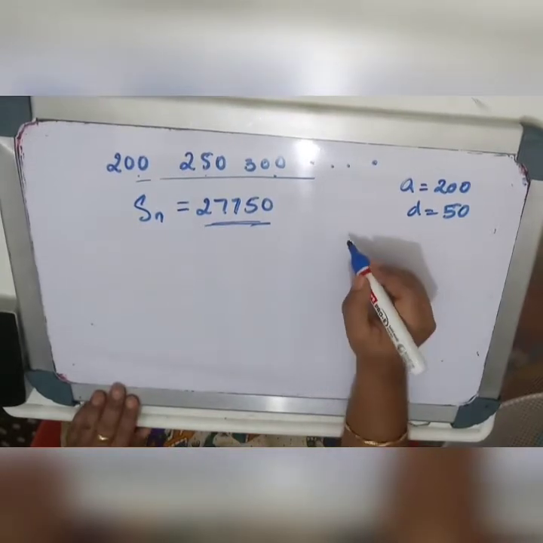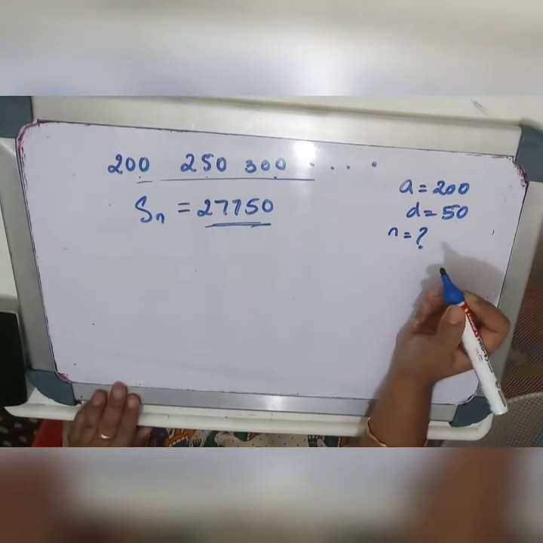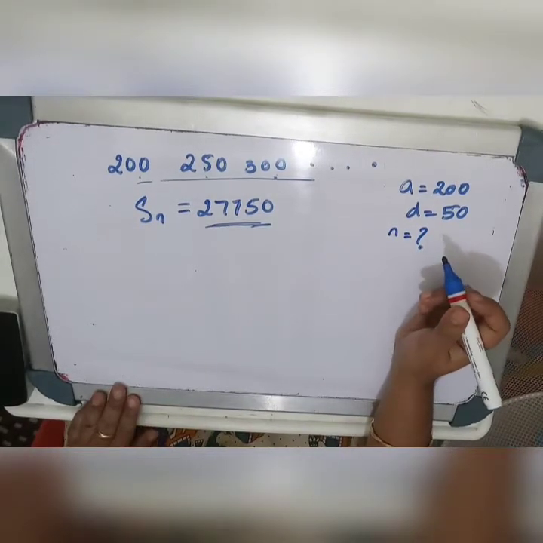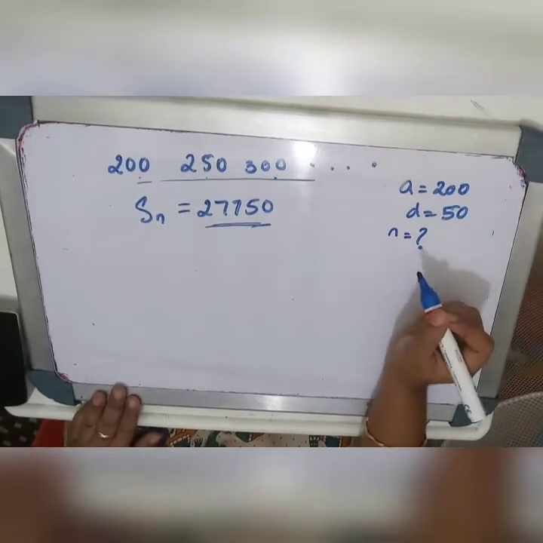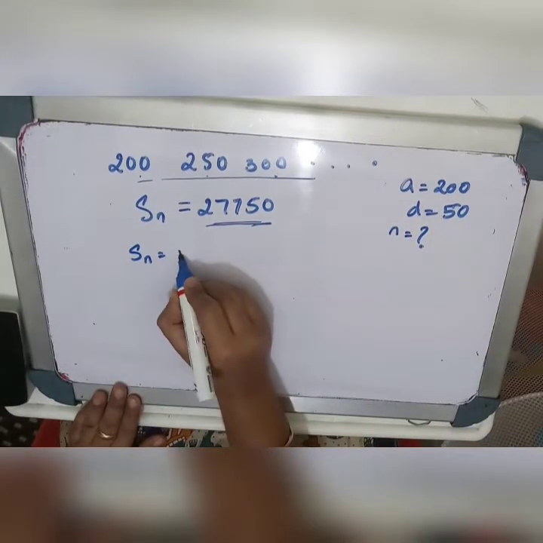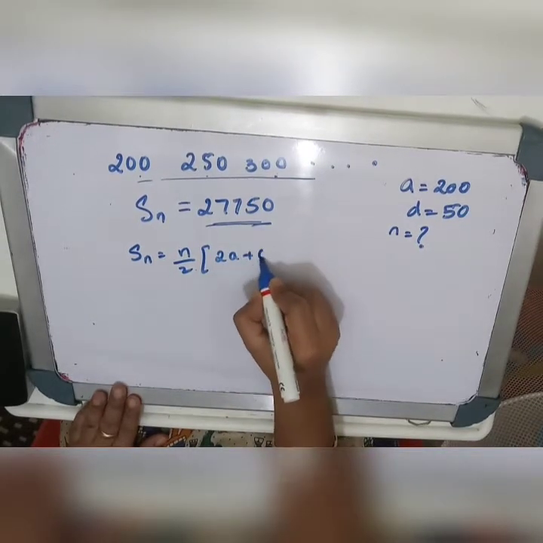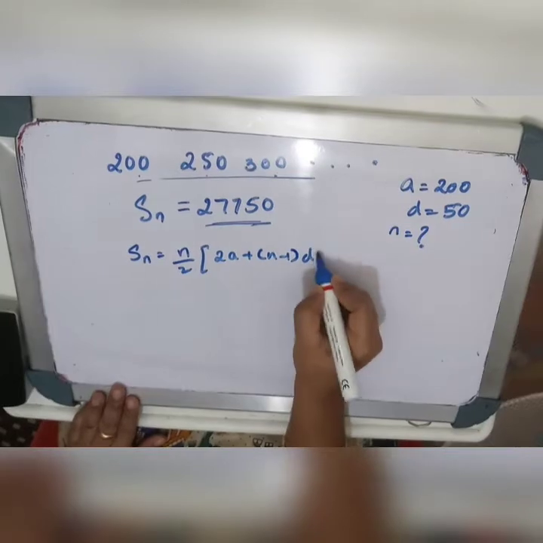Now we have to find the number of days the work was delayed. We don't know the value of n, so we have to find out the value of n. Now let's substitute in the expression for sum. Sn is given as n by 2 into 2a plus n minus 1 into d.